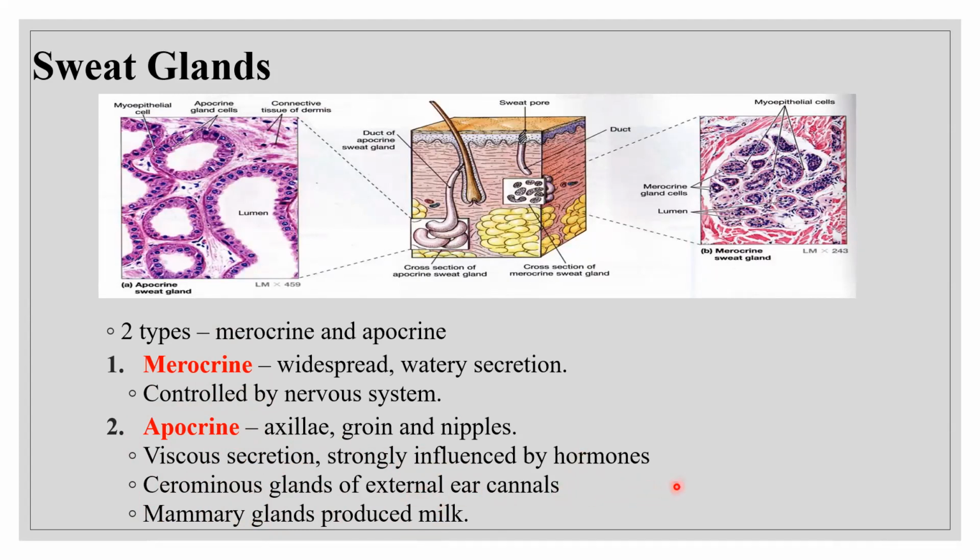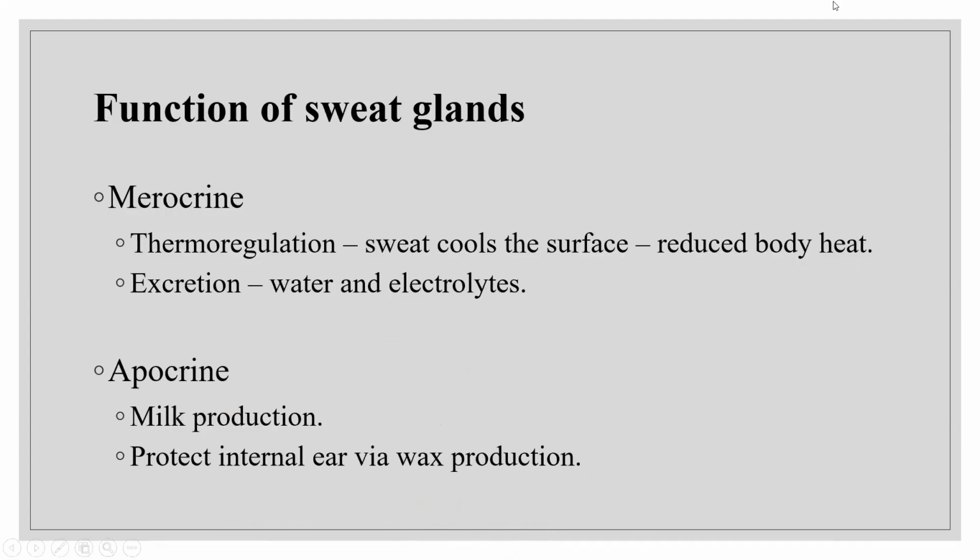The mammary gland produces breast milk. Merocrine is used for thermoregulation and excretion. Apocrine is for reproduction and wax production.